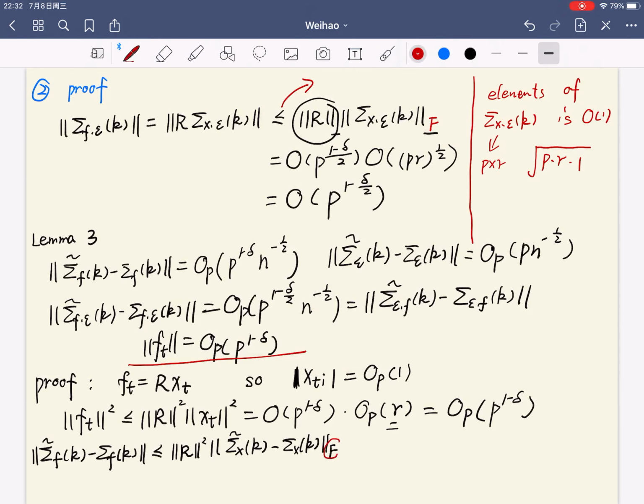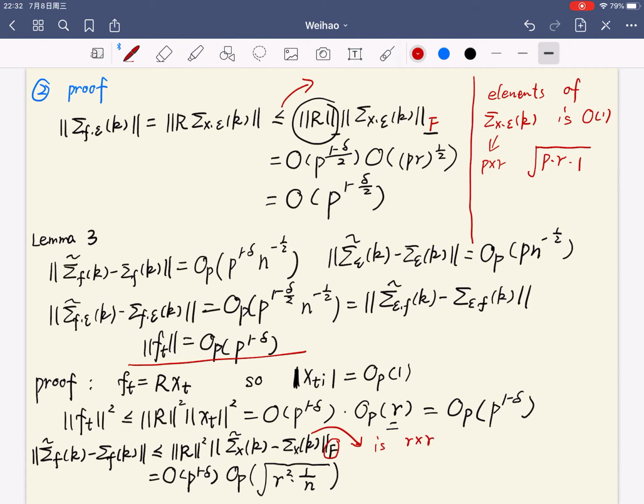Here we apply a similar idea as before. Notice that this matrix is of dimension r by r.